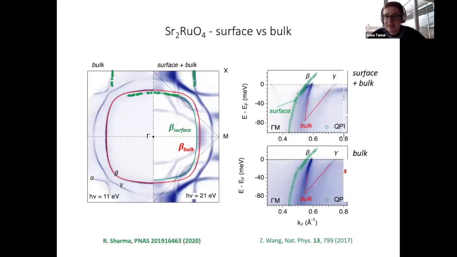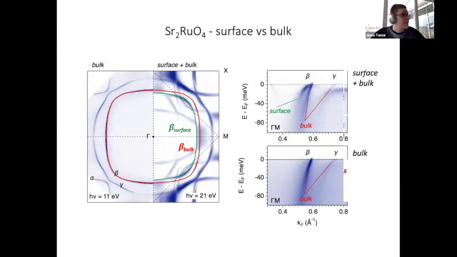Yes, so Antoine is asking about these kinks at the surface states. How did you mark the Fermi surface on the left?